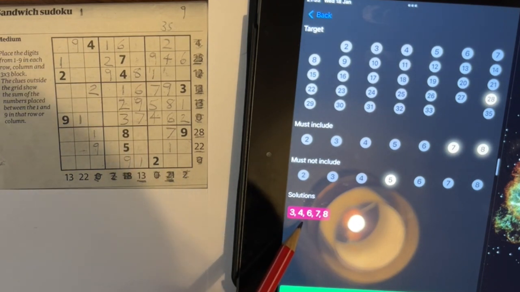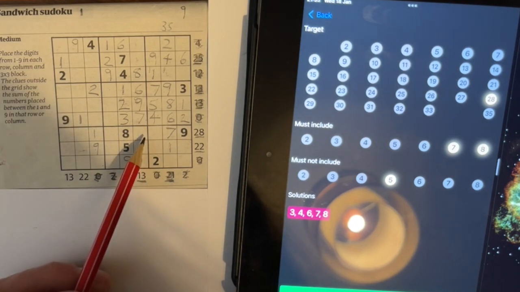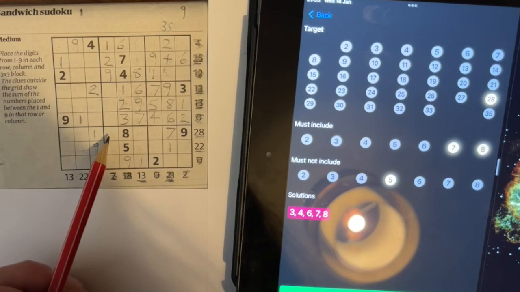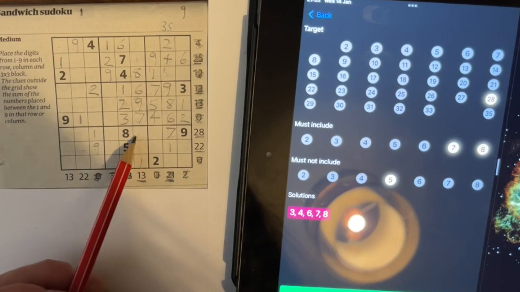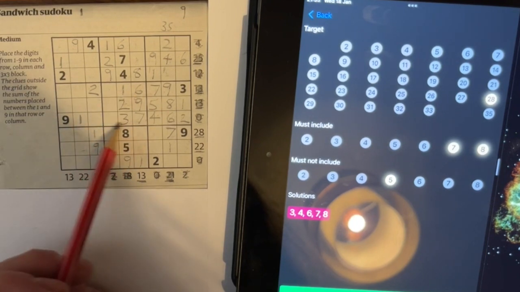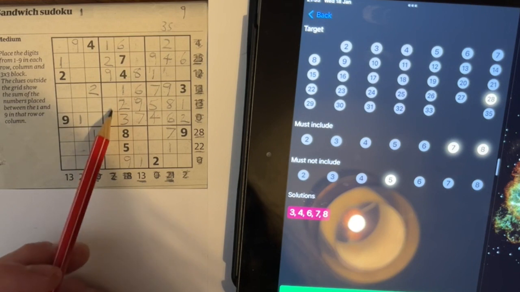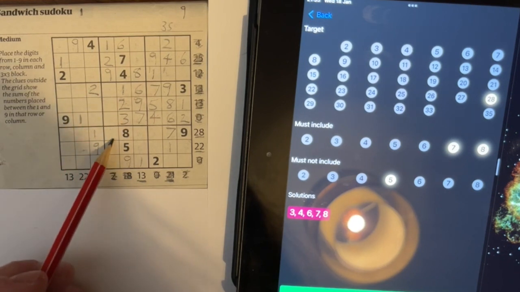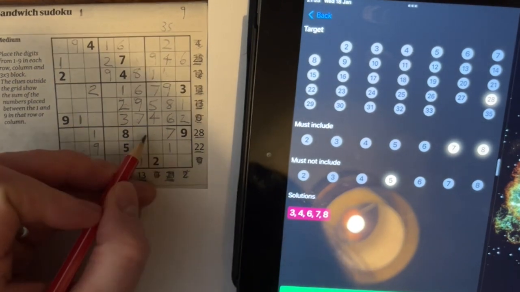So we know the solution must include a 4. And the 4 can't be here, so the 4 must be there or there. We also know this segment hasn't got a 4, so the 4 must be there. So that would say there's a 4 there, so the 4 can't be there, so the 4 has to be here.